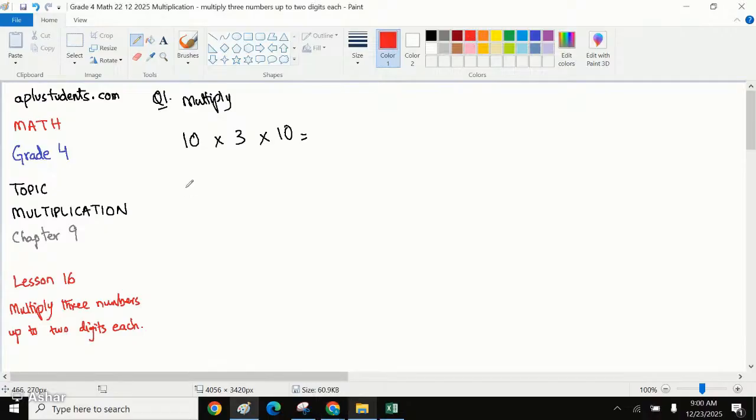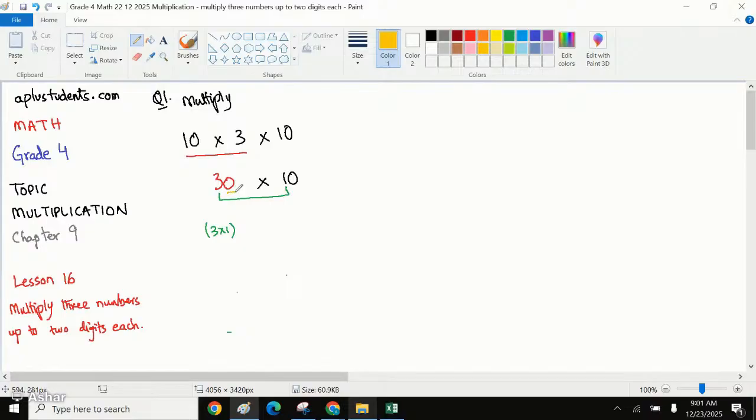We can say 3 multiplied by 10 is 30, which is multiplied by 10. And we know the rule for the numbers ending in 0. So all we need to do is multiply 3 by 1.